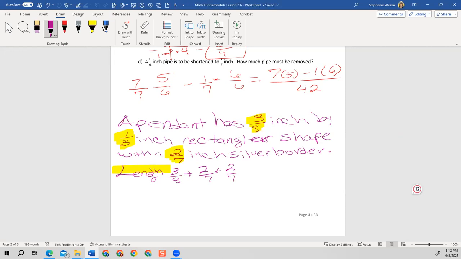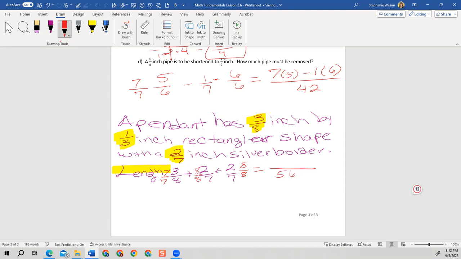So now I have 8 and 7 in the denominator, and 7's prime. What if I said, let's multiply the first fraction by 7/7. That means 7 times 8. Then for the other fraction, I'm going to multiply by 8, because I know that 8 times 7 is going to give me my least common multiple. So in the denominator, 7 times 8 gives me 56.